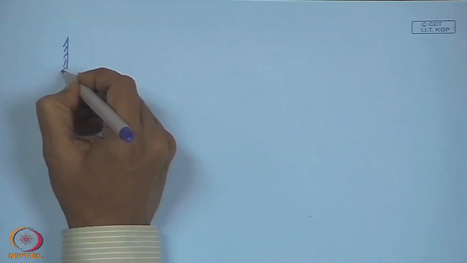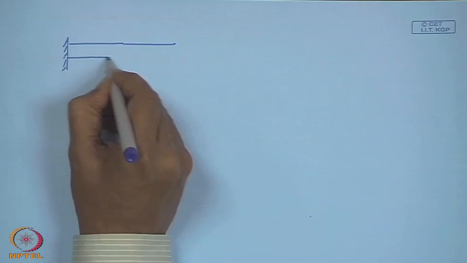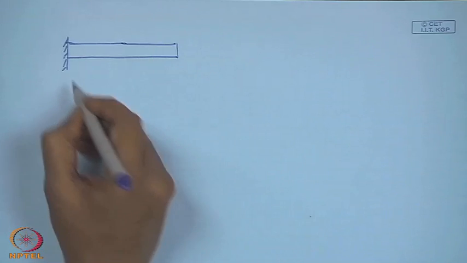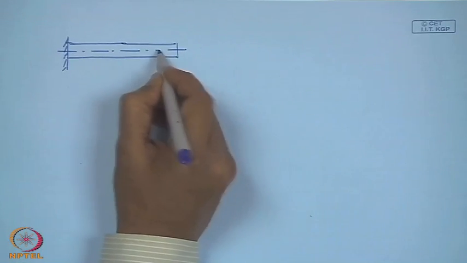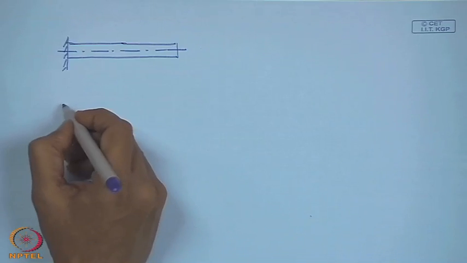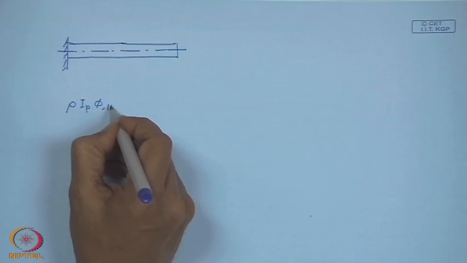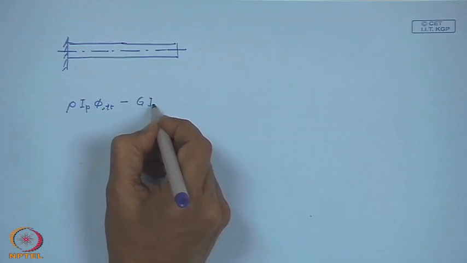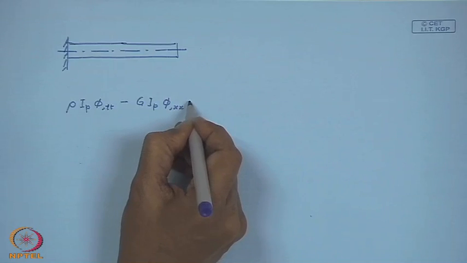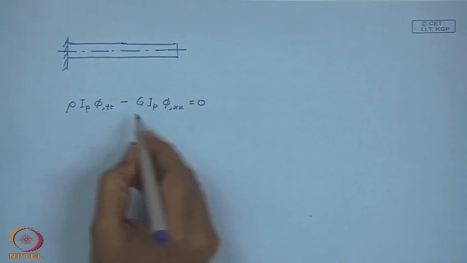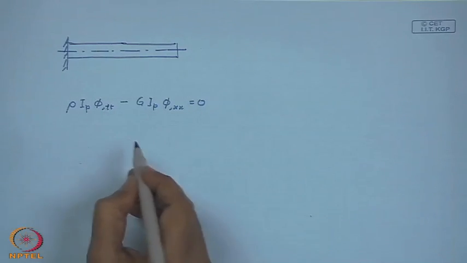Now, let us look at some examples. If you have, say, a uniform bar, then the equation of motion once again simplifies to rho I p phi t t minus G I p phi x x equal to 0.